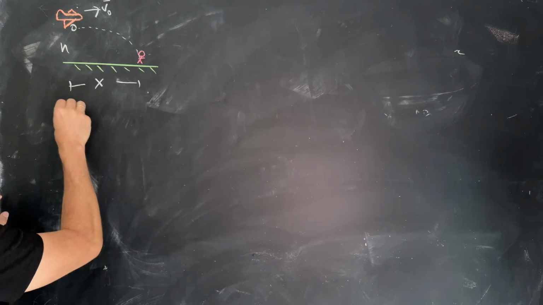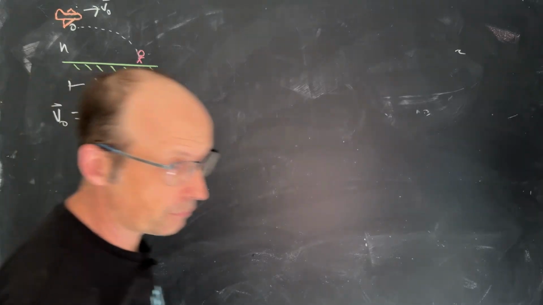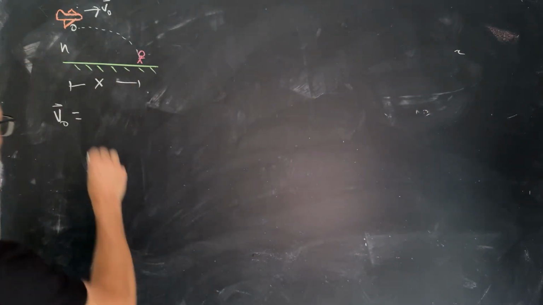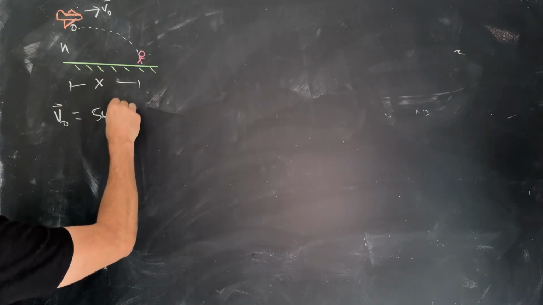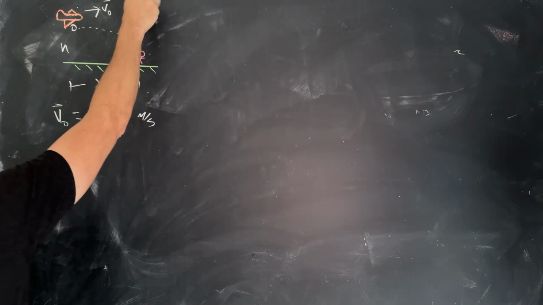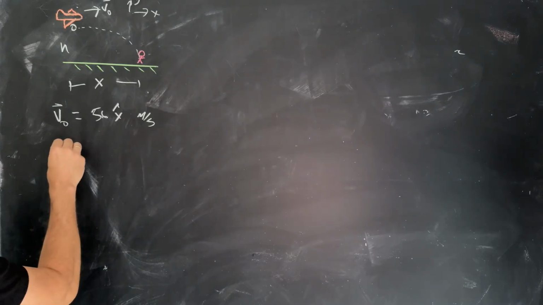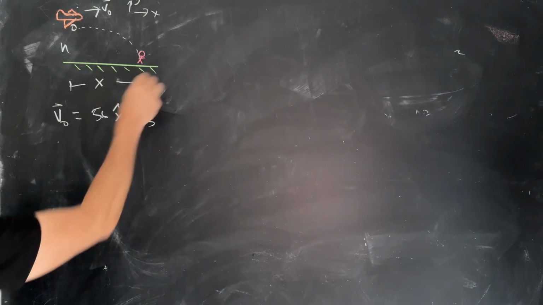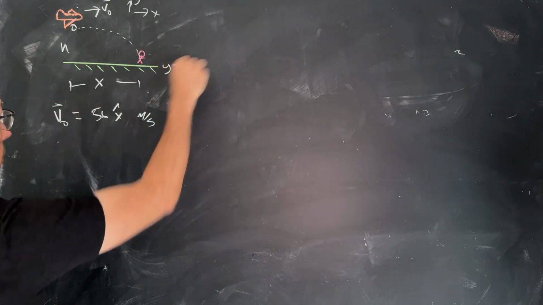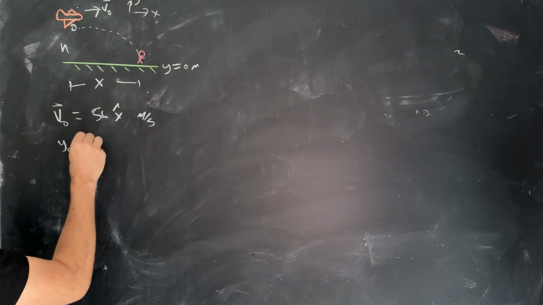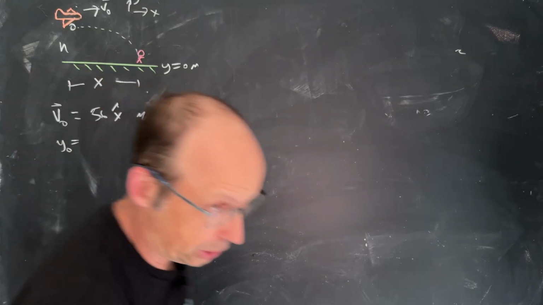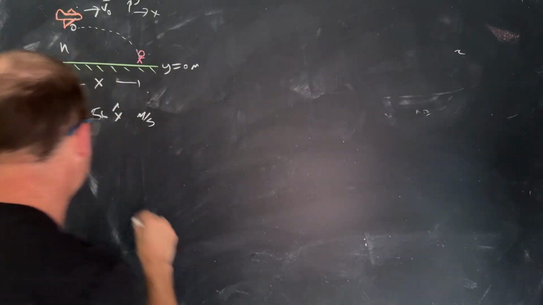So let's write that as v0 is 56 x hat meters per second. So let's call this the x direction and that the y. I also know the initial position, so let's call this y equals 0. So y0 for the package is going to be h, which is 35 meters.